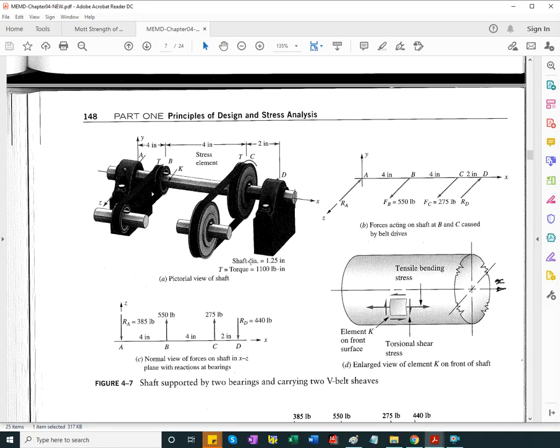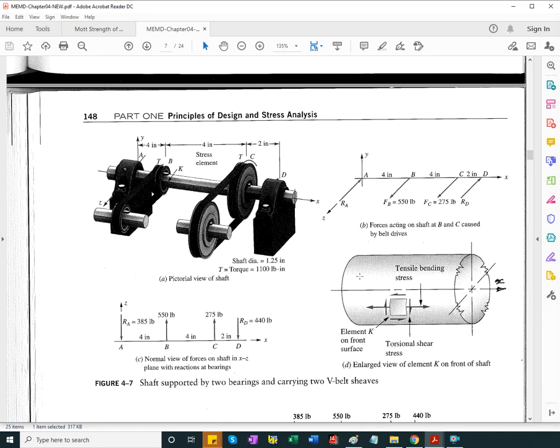Again, this is because of the bending stress distribution going from maximum on one surface to negative maximum on the opposite surface. So on the opposite side, we have compressive stress caused by bending, as well as shear caused by the torque. We can calculate both.